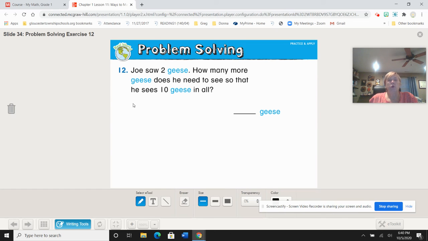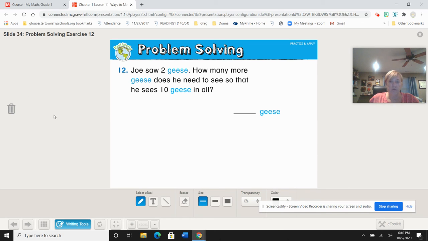So you can use your 10 frame, okay? And you could put down 2 geese for 2 counters, right? 2 counters, say those are geese. How many more am I going to count to get up to 10? Or you could draw 10 and X out 2. Use whichever way you want to figure it out.